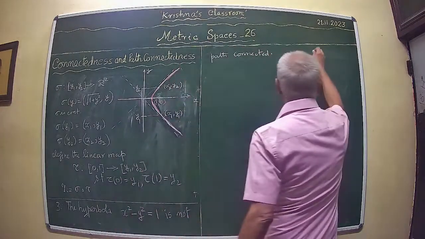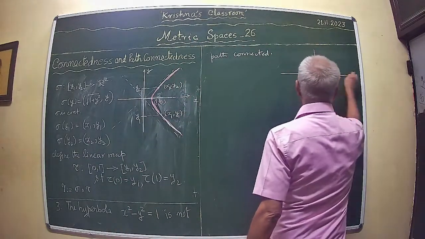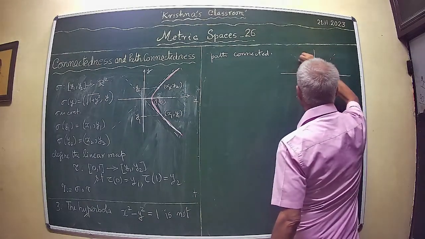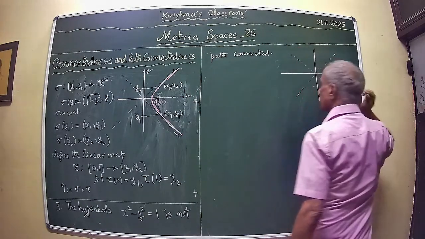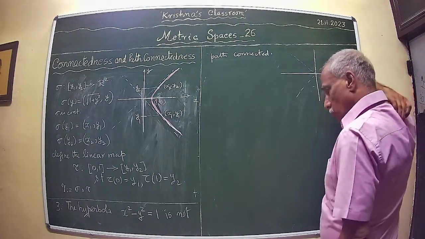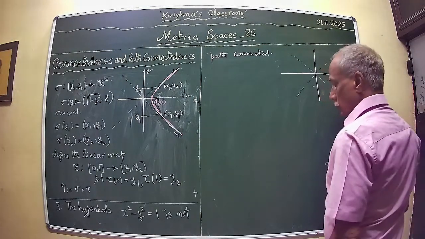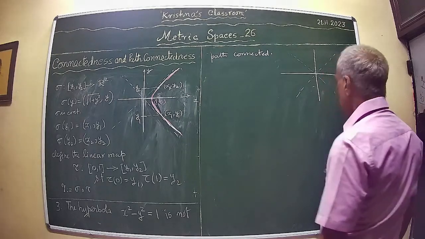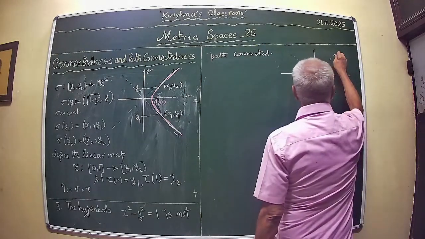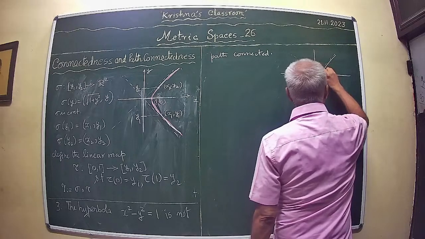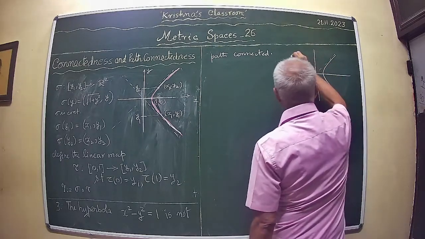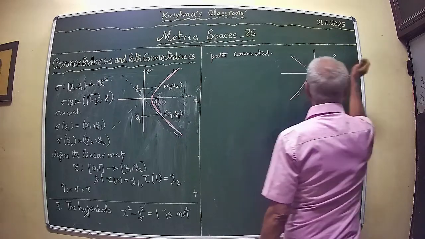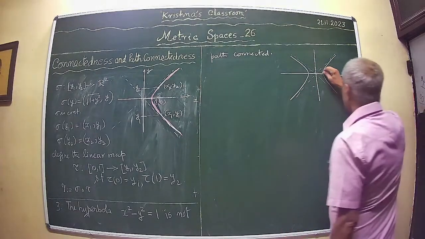See, the problem is this. So what you have is x square minus y square equal to 1. These are the two branches of the hyperbola.